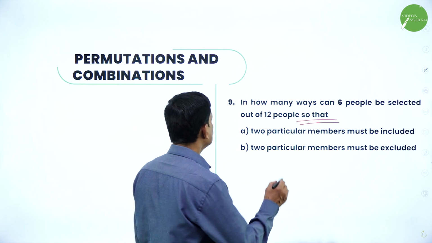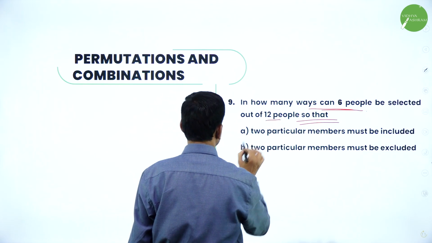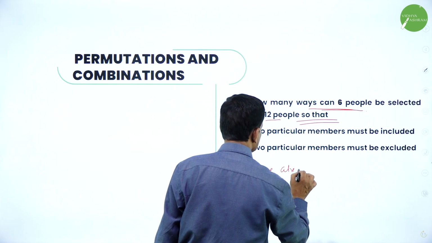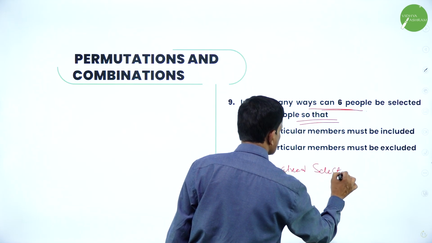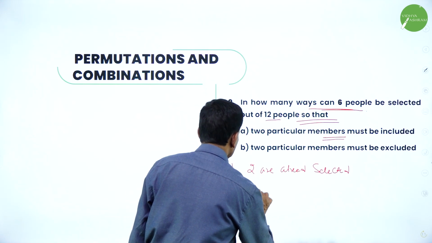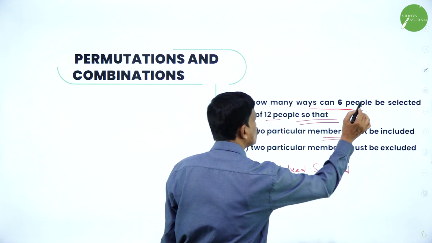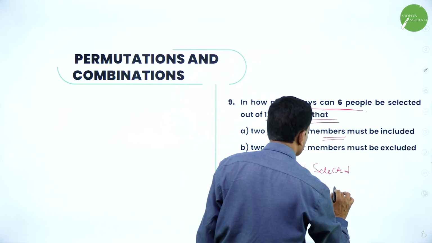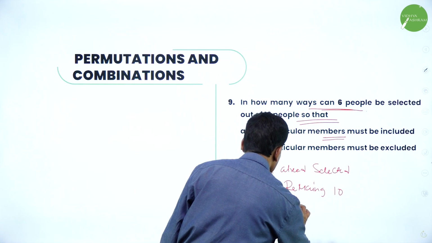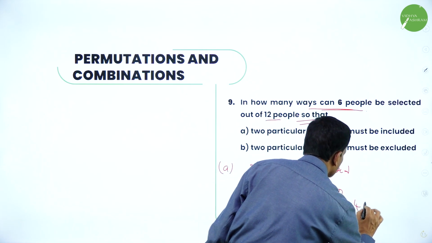So in the first case, 2 particular members are already selected, that means included. So from the remaining, 12 minus 2 is 10, we have to choose 6 minus 2, that is 4 more.